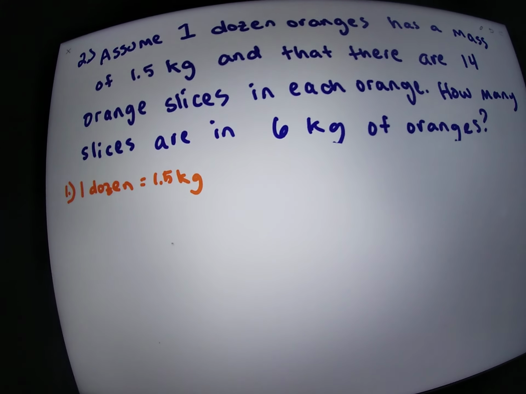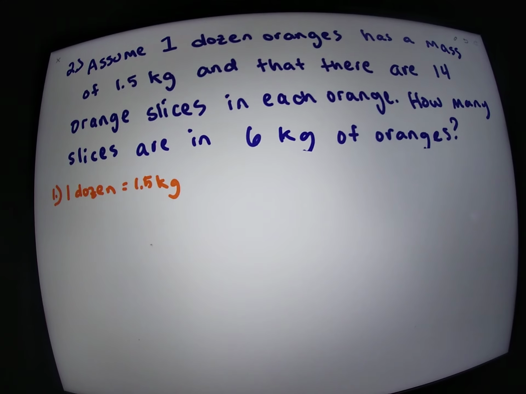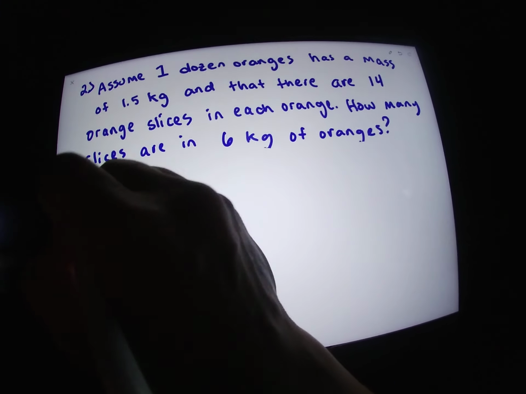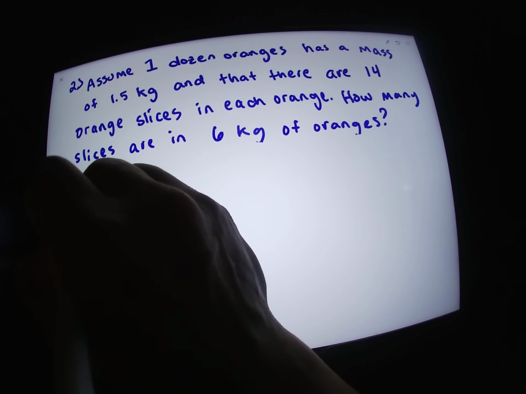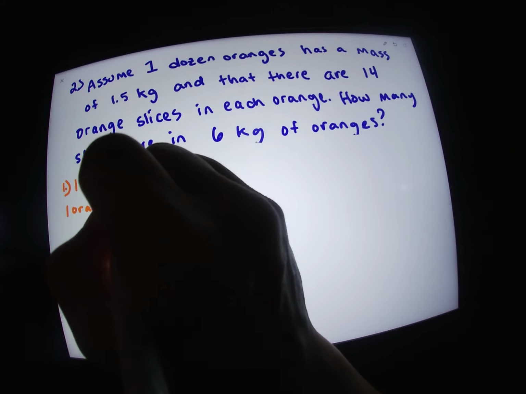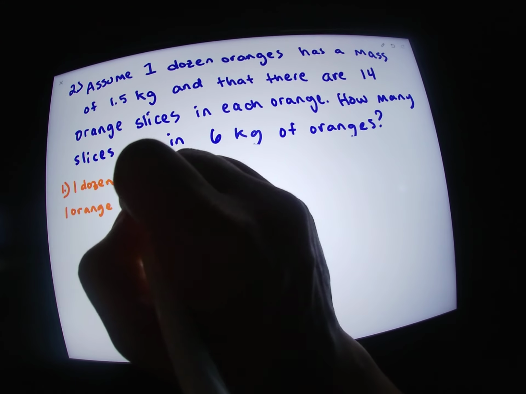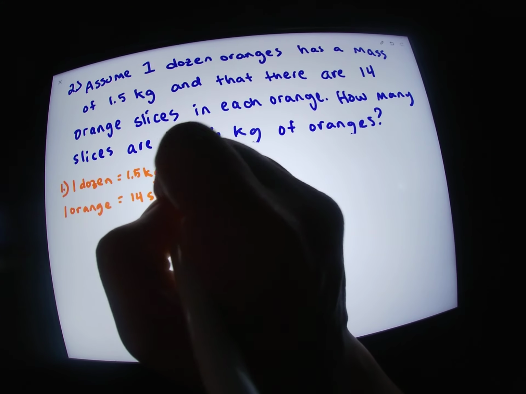That's the first piece of information. And we know that each orange, 1 orange, equals 14 slices.